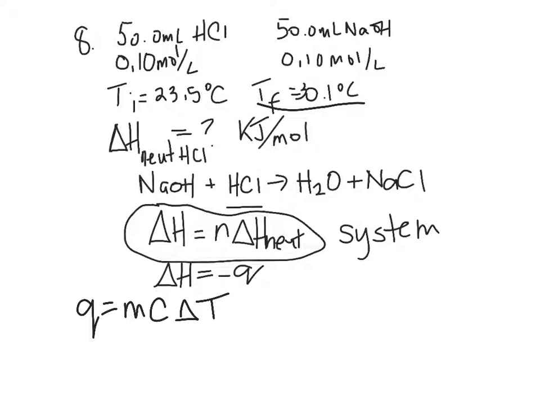So that is your mass in your calorimeter. It's the final mass of your solution after the reaction. One of the assumptions that we make about calorimetry is that it has the same density and specific heat capacity as water.